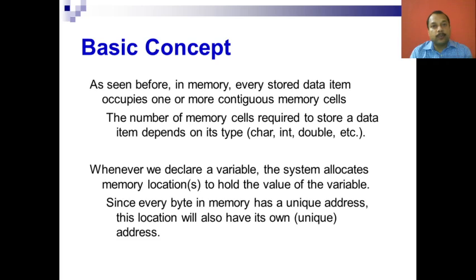Now regarding this pointer, it always stores the address of some memory location. So specifically it is used to store the address of some variable. Now you understand, if I say it is an address, then it will be a whole number. It will not be a floating point number, as fractional values are not required.